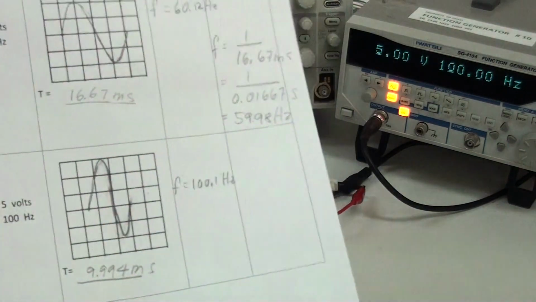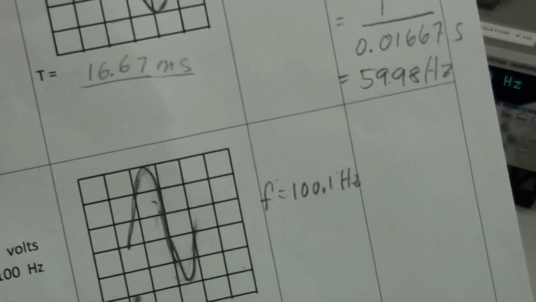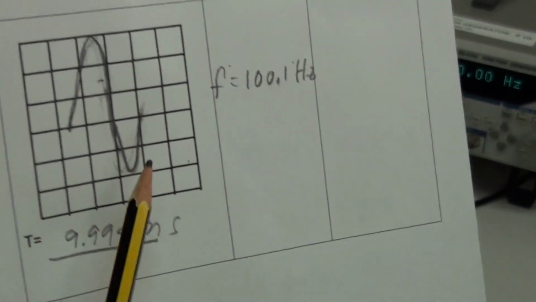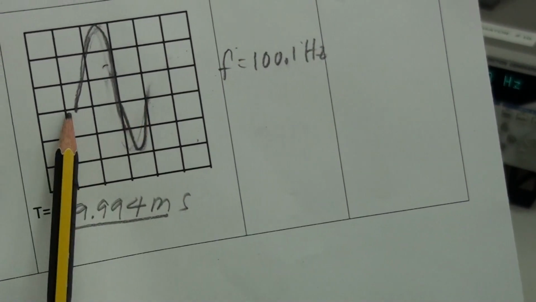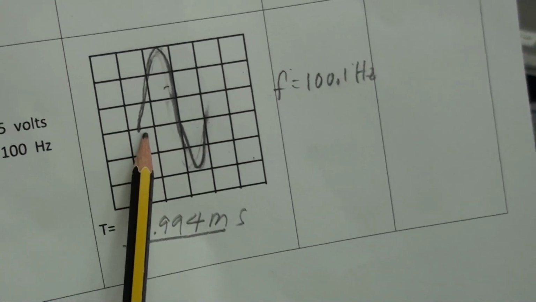Okay, so it's not that perfect, although this is the period. This is the period from this up to this, so 1 to almost 2.5 divisions. So this is the waveform.